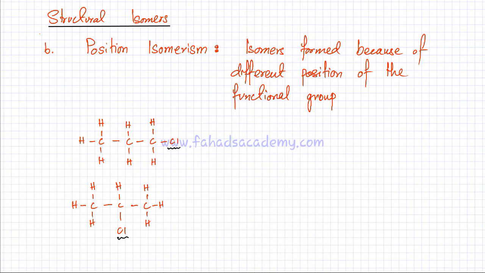The name of this molecule was 1-chloropropane, whereas the name of the isomer is going to be 2-chloropropane, because now chlorine is attached to the second carbon atom on the main chain.